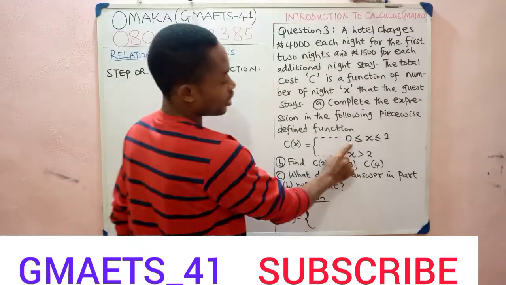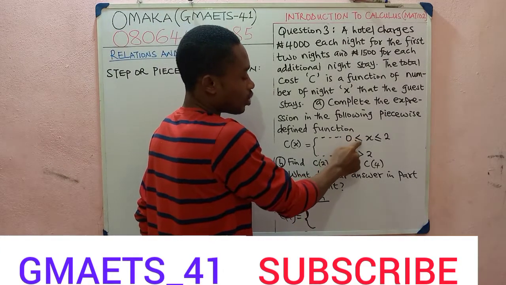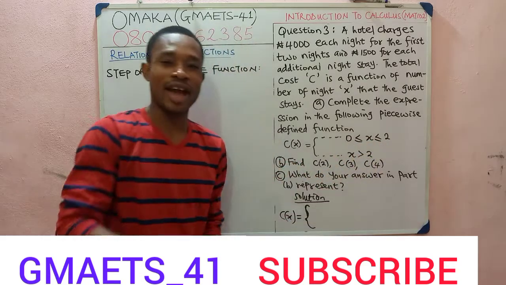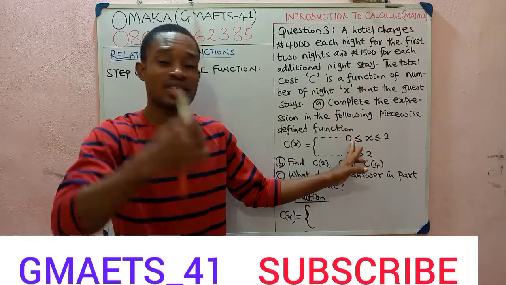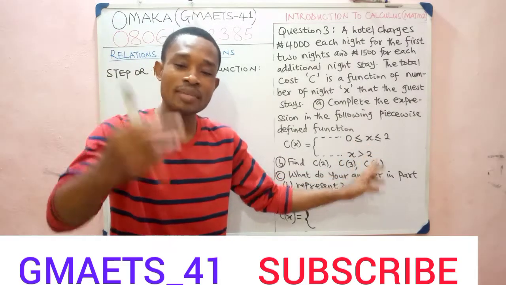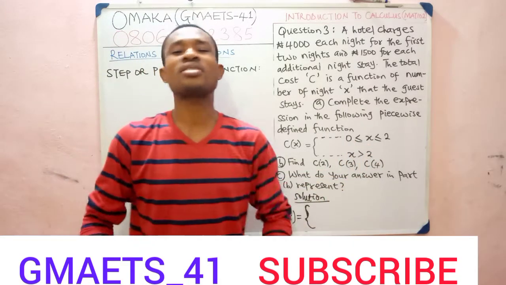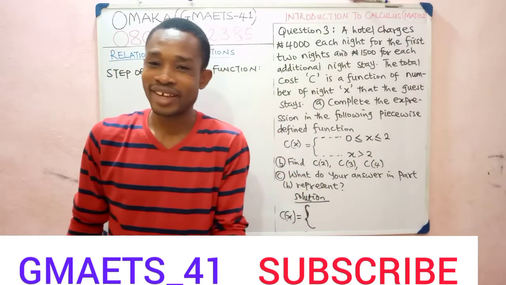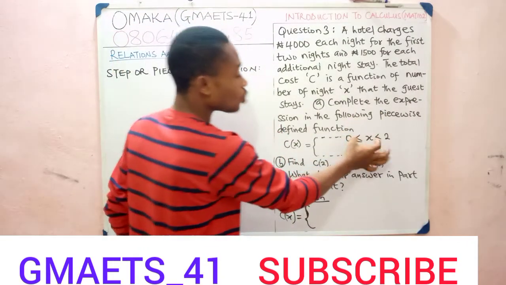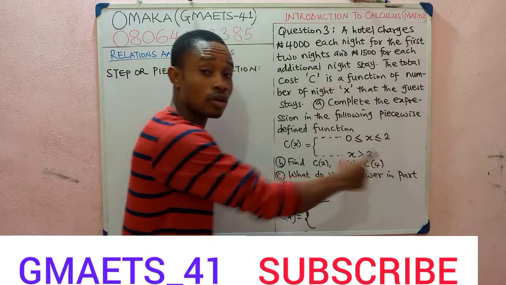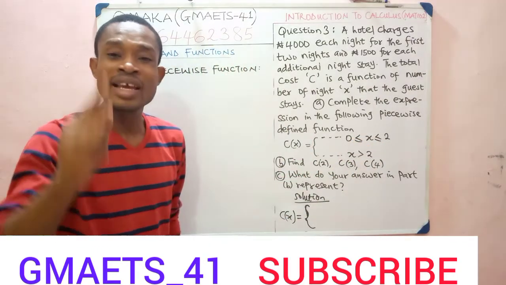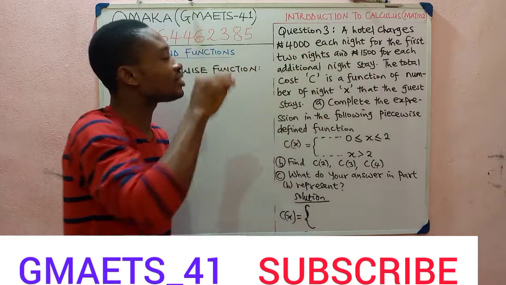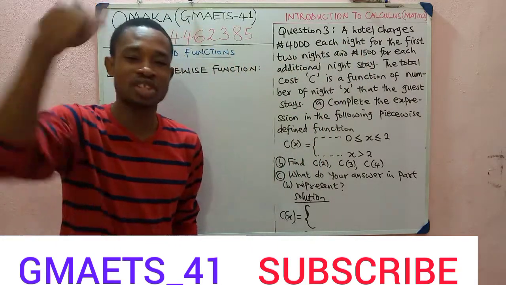For the first distinct domain, 0 is less than or equal to x, less than or equal to 2. You know that this defines the number of nights, and that this value means 0, 1, 2. Now let me ask you, do we have 0 nights? 0 nights simply means that the guest has not even stayed in the hotel for 1 day. And so actually what we have here defines 2 days for us, day 1 and day 2. Remember that from the beginning of the question, the hotel is said to charge 4,000 each night.